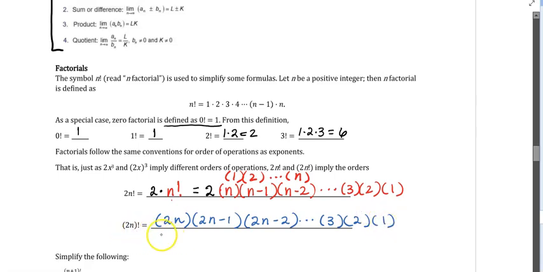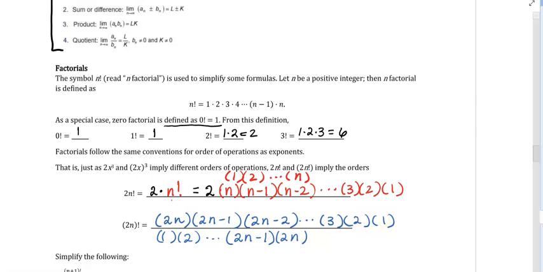Alternatively, I could have written 2n factorial as 1 times 2 times up to 2n minus 1 and then 2n. Again, those two lines are the exact same thing, but the point is it is important that we pay attention to what the factorial is being applied to, whether it's just being applied to the n or whether it's being applied to more than one factor, like a 2n.